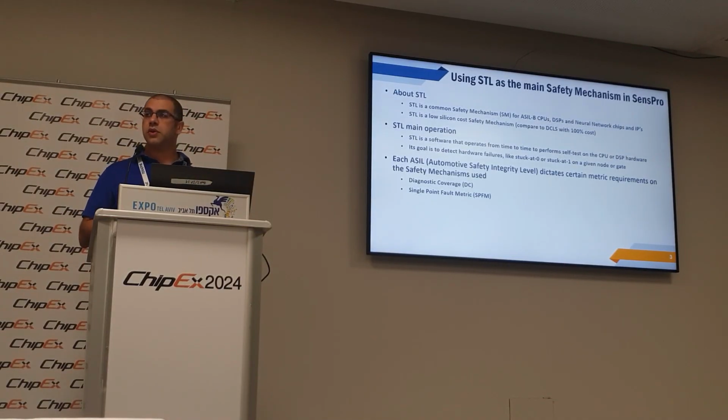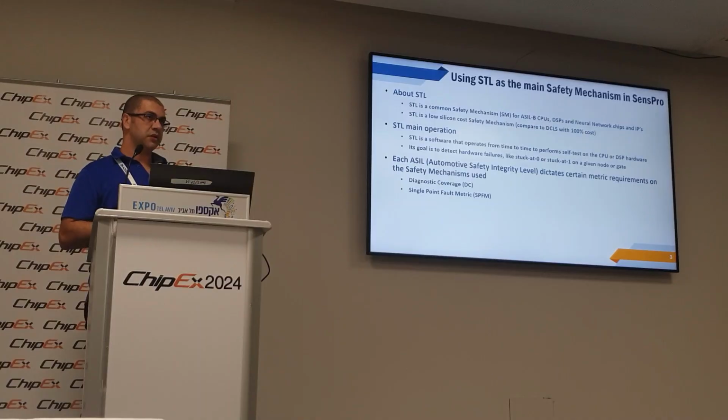Now, when we are talking about the standard ISO-26262, they define several levels called ASIL, automotive safety integrity level, and depending on the usage of this chip, a given level is dedicated for this IP, and each level needs to meet specific requirements.